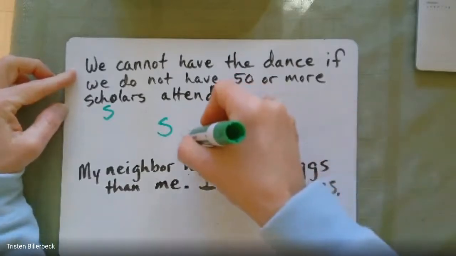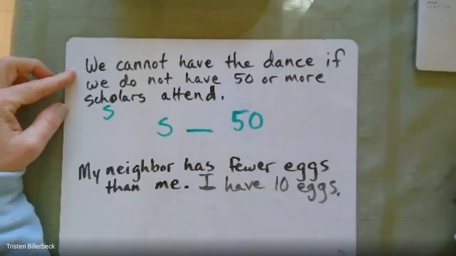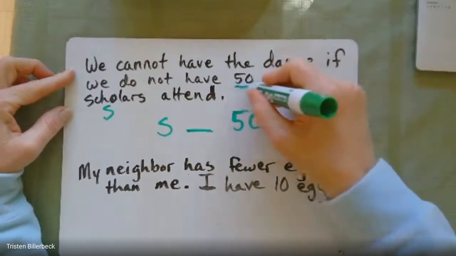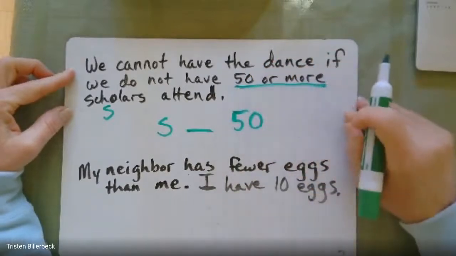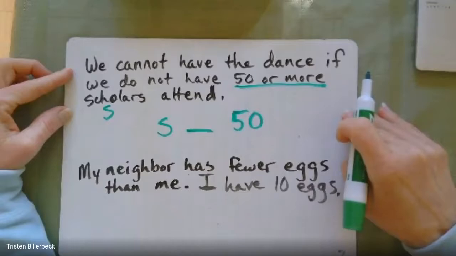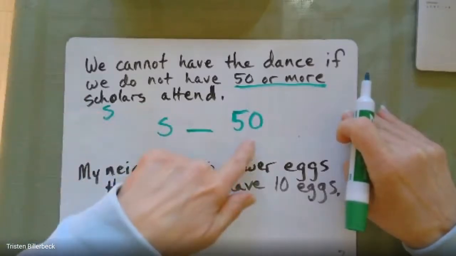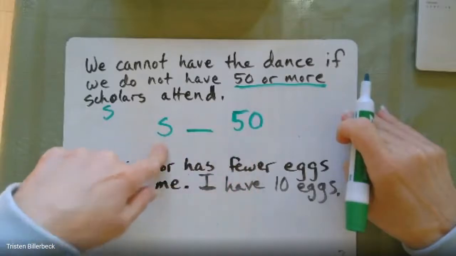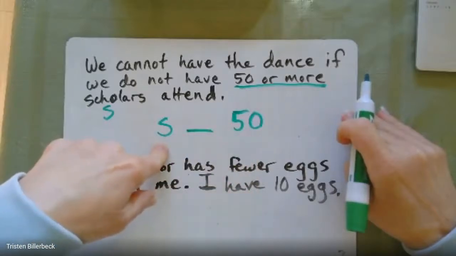Yes. So we're going to have an equal sign. Can we have the dance if we have 49 scholars? It says 50 or more. Is 49 50 or more? No. So 49 is less than 50, so we can't have a 49 here.